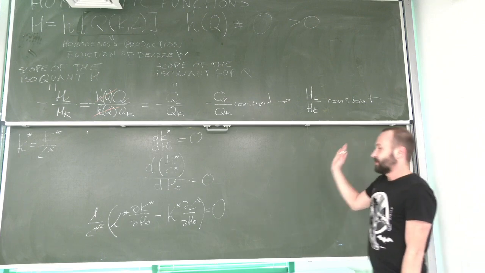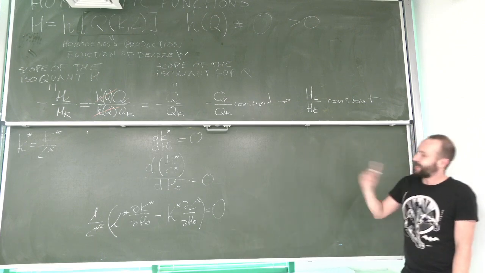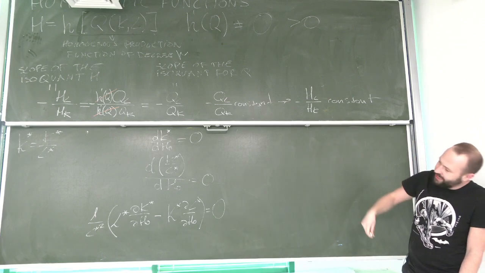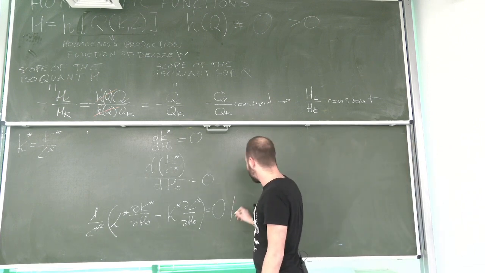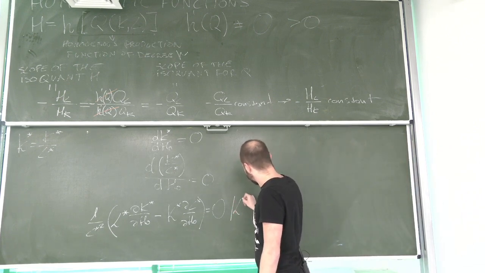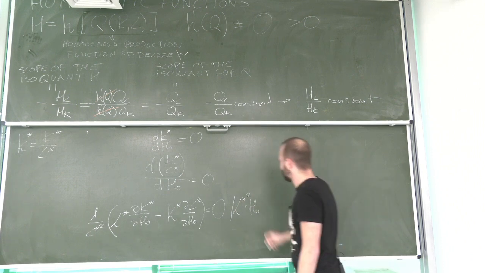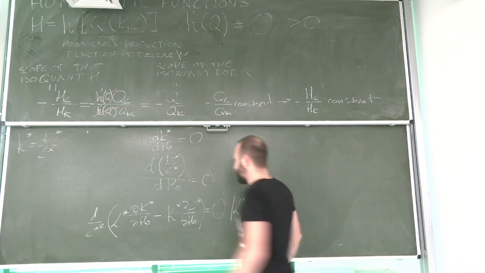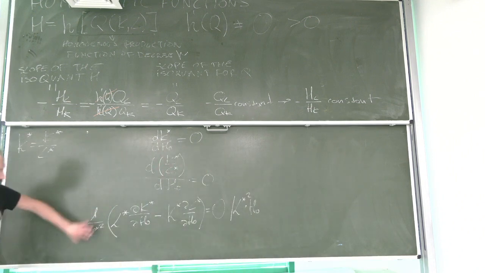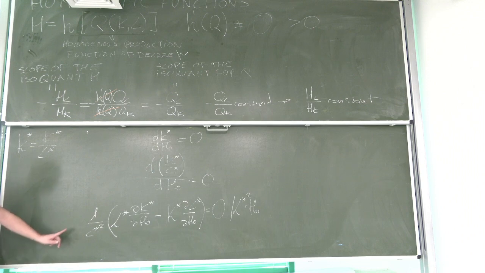Okay, so now let's rearrange this expression. First, I'm going to multiply both sides by L squared times h_0. Okay, so look, right away we are able to get rid of this, which is not very necessary over here for us.